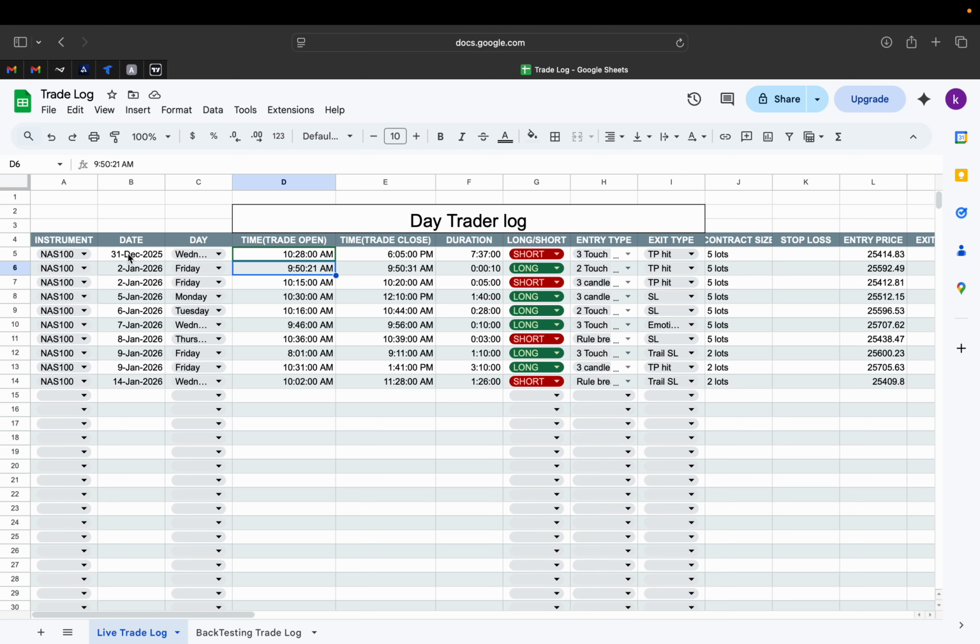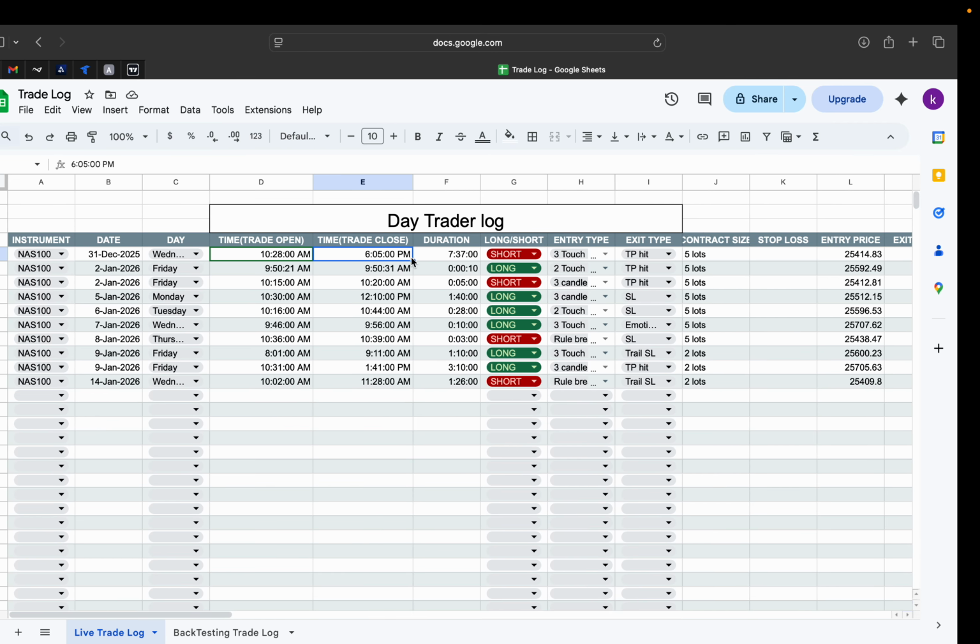Okay, so I took my trade on 31st December 2025, and I think I closed it on Jan 1st, maybe after 4. As you can see, it's 605.